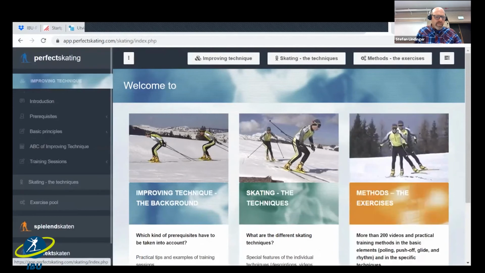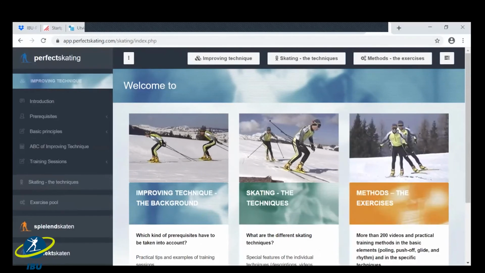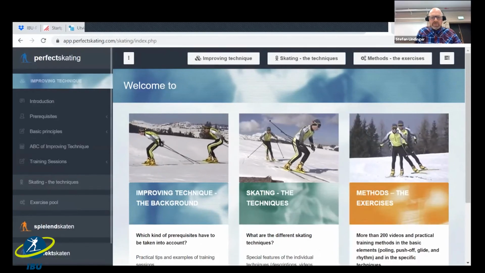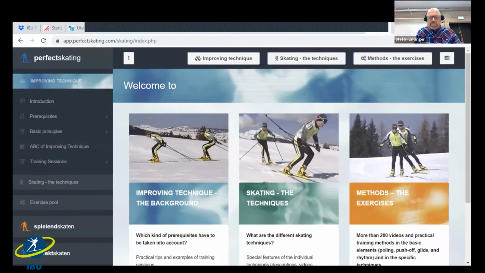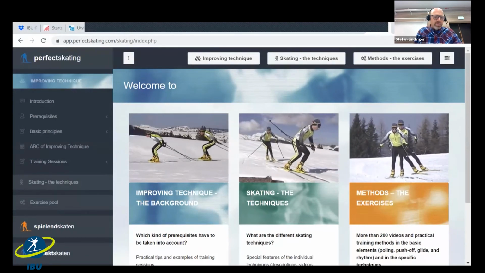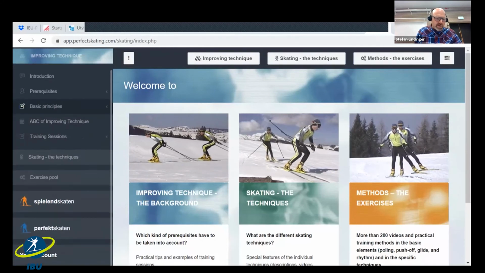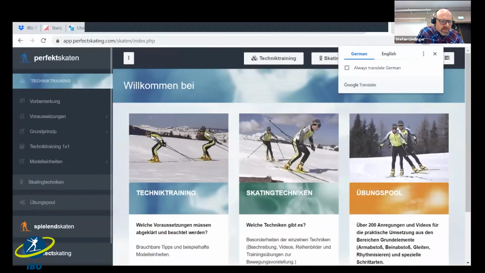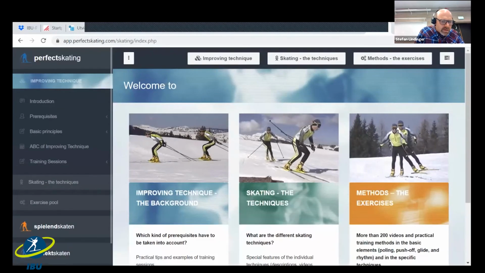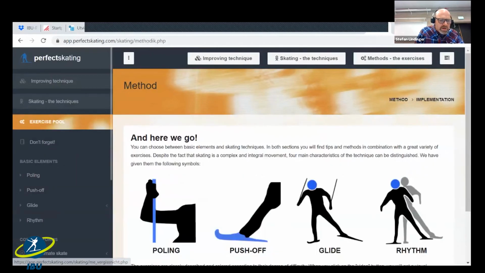Can you confirm? Yes. Okay, so there are different parts about technique training, about all the techniques, biomechanics, the easy ones, and the orange part with all the exercises. And I just try to show one example so that you see what it is, here in the English version, the exercise pool.